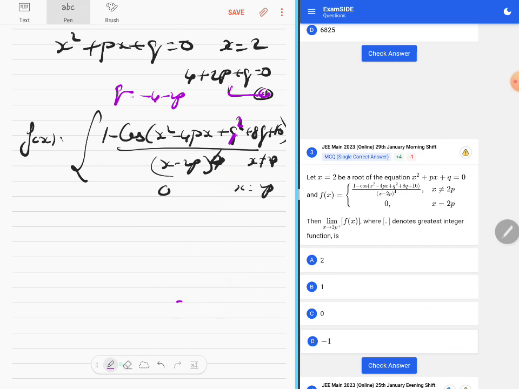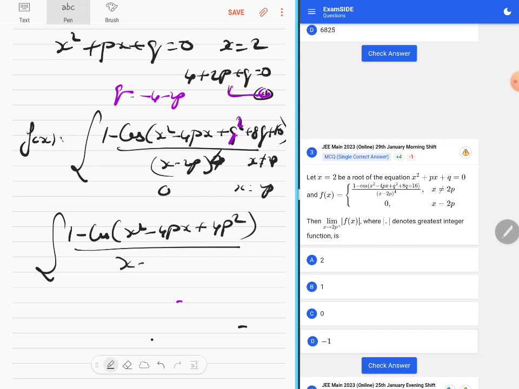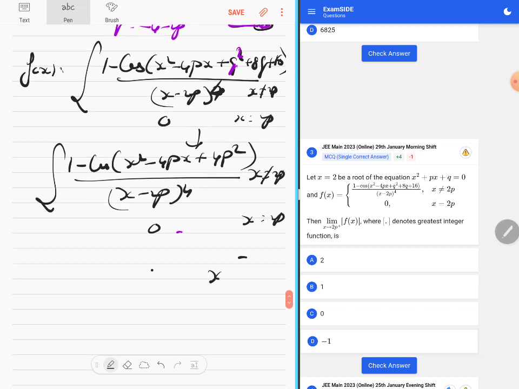Therefore you can replace the entire function now as 1 minus cos of x square minus 4px plus 4p square by x minus 2p the whole to the power 4 when x is not equal to 2p, and 0 when x is equal to 2p. Looking at this, you see that it's x minus 2p the whole square, correct?